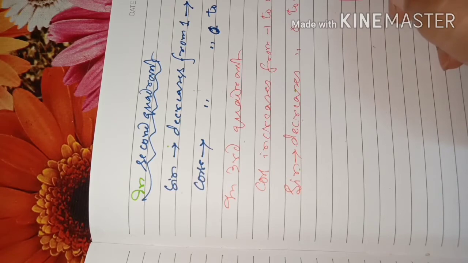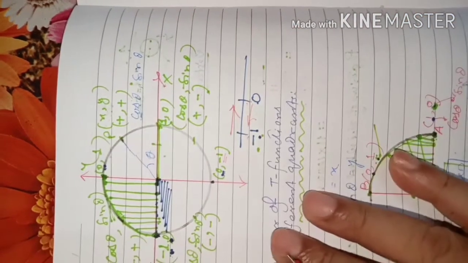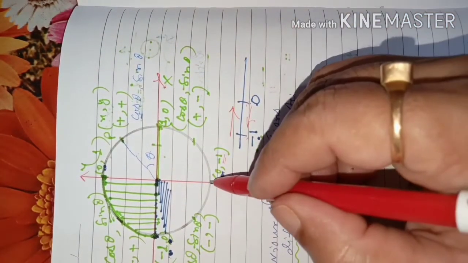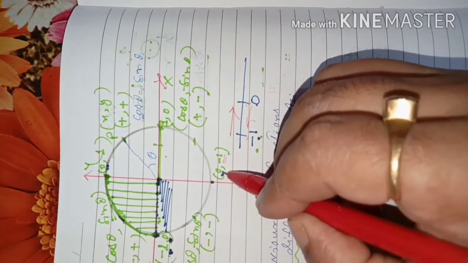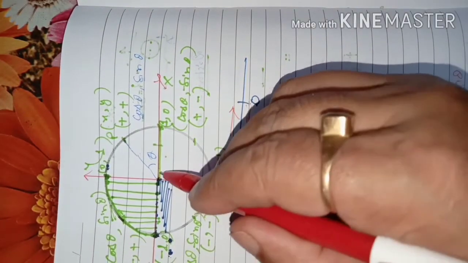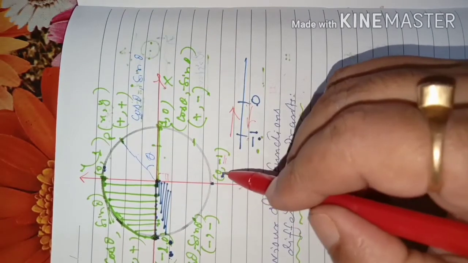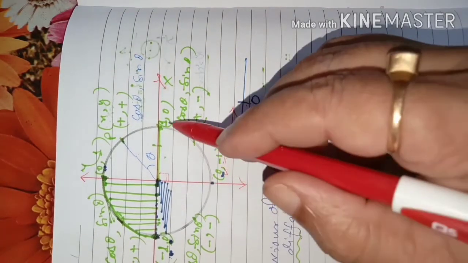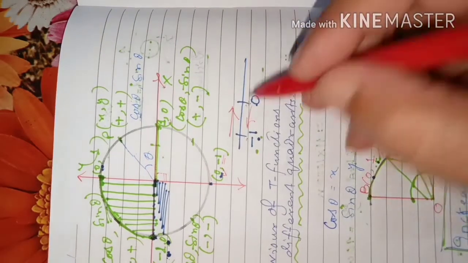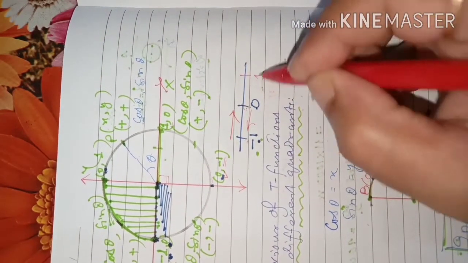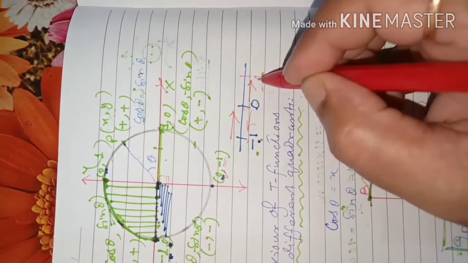Now in the fourth quadrant, what happens here, just look at the diagram. In the fourth quadrant, cos is starting from 0. In this quadrant, cos value is changing. First it was 0 and then lastly it is 1. 0 to 1 means left to right.